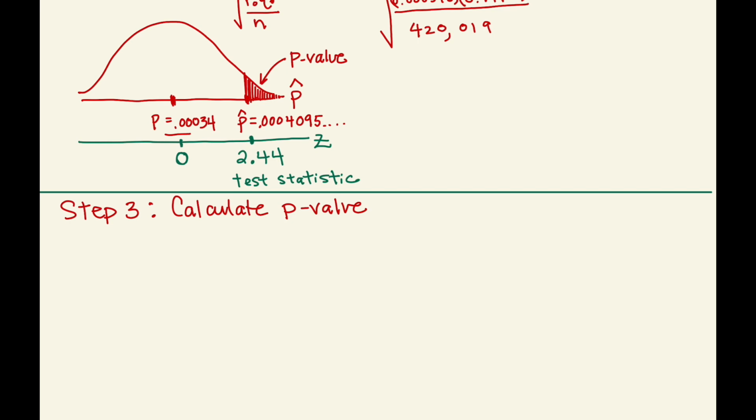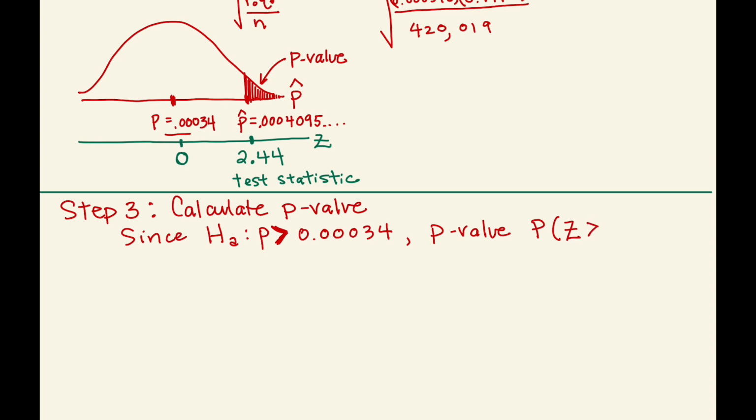Well, one way you can tell is that since our alternative hypothesis had the form p is greater than 0.00034, namely, since we had the greater than symbol, we know that the p-value is going to be given by the probability that a normal variable is greater than our test statistic, so 2.44. Whatever your test statistic is.